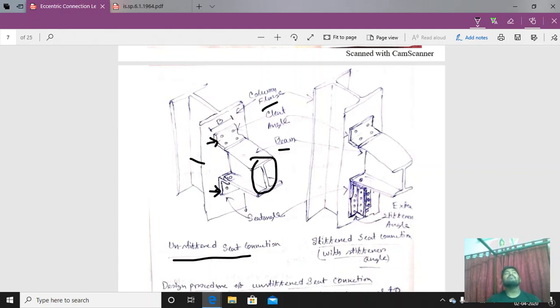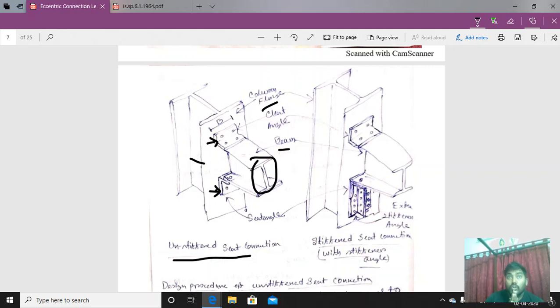Now sometimes the reaction coming from the beam to the connection is very large. If we want to design the connection for this huge load, the number of bolts will be huge.